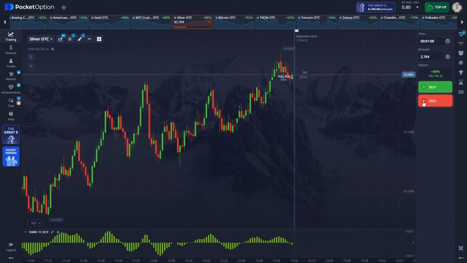The trade was not going in our favor, but we still have 38 seconds left. Okay, now the candle reversed. Now the trade is going in our favor, but we still have 28 seconds left. You will see that a strong red candle was forming and the previous candle also closed below the zero level. So that's why I took this trade.